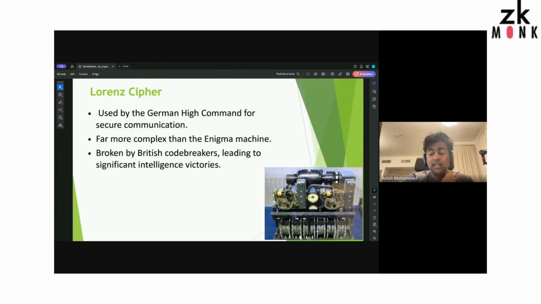So Enigma, as I said, had 3 rotors and a mirror at the end. That was the level of complexity it had. Then the German High Command used it even more. Generally speaking, there's a naval version of the Enigma, right? On the last slide, I added a book called Seizing the Enigma.